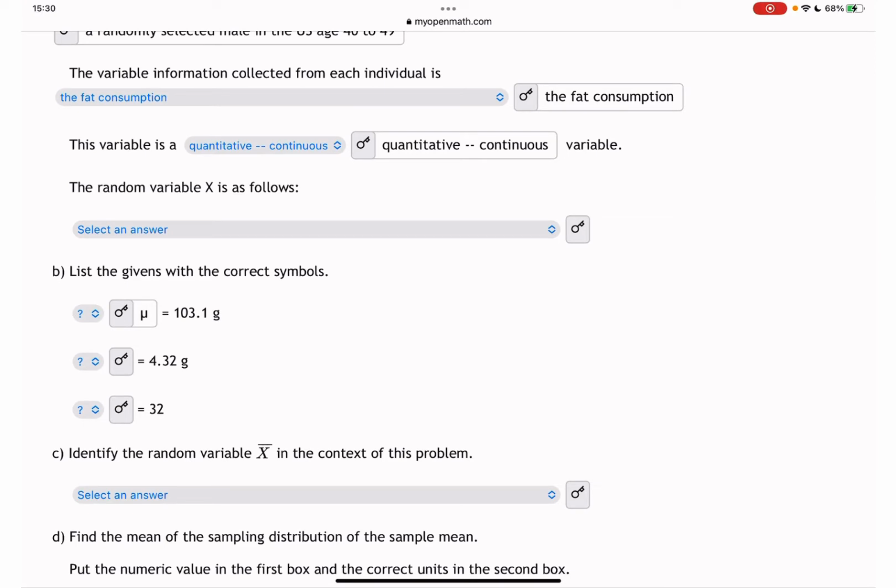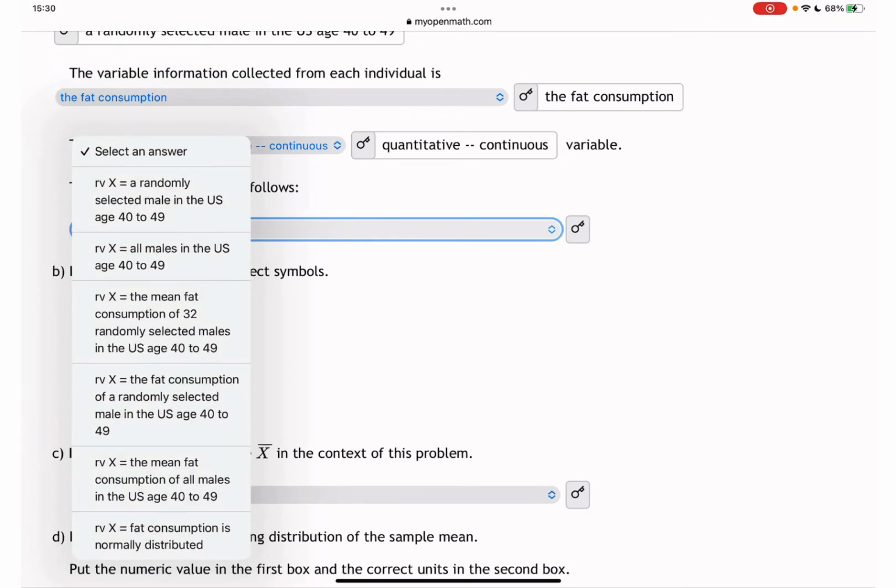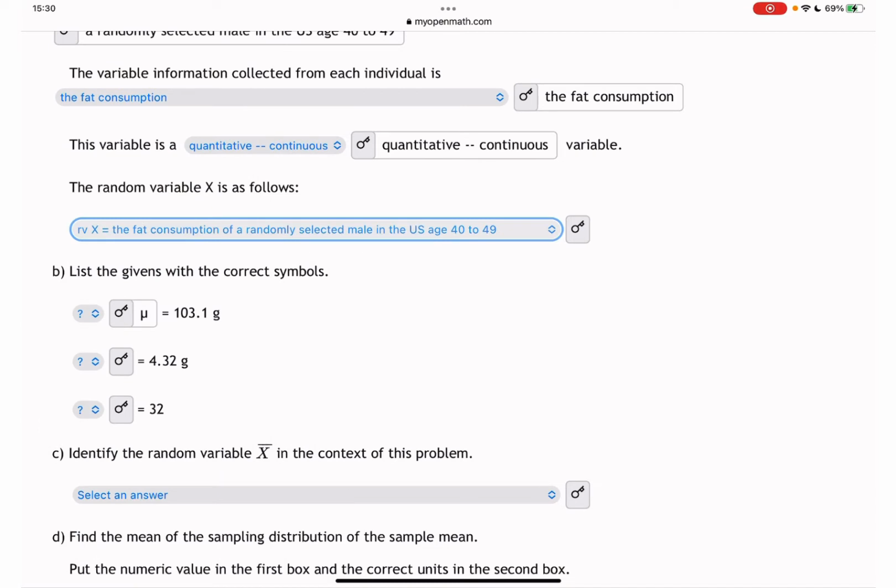Next, the random variable x is as follows. Let's see what it is. What is our x? It's the mean fat consumption of randomly selected males. Let's check.